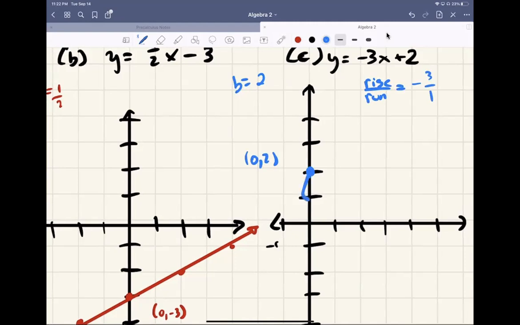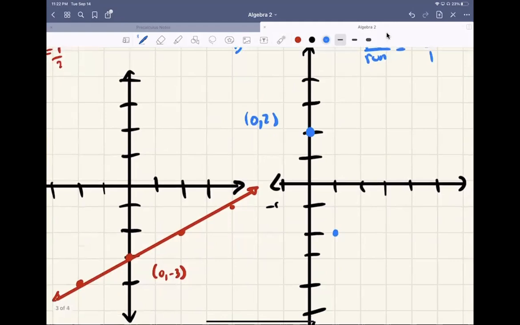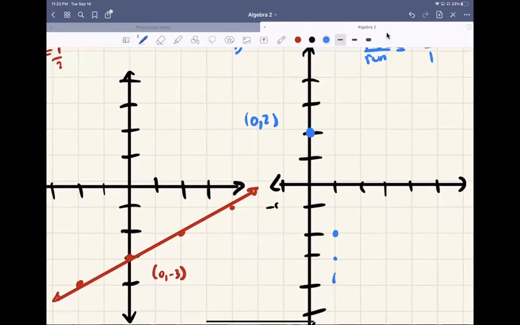So we're gonna go 1, 2, 3 down over 1, right? So this is where our first point is gonna be. And then you can follow that 1, 2, 3 over 1. And then all you gotta do is connect those points. And you're done. That's our graph.